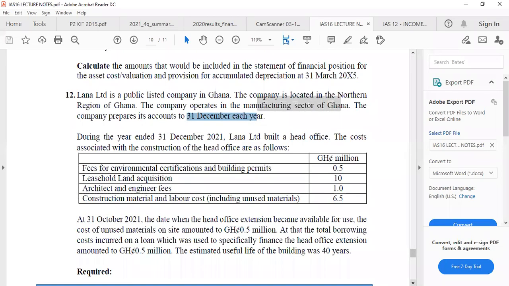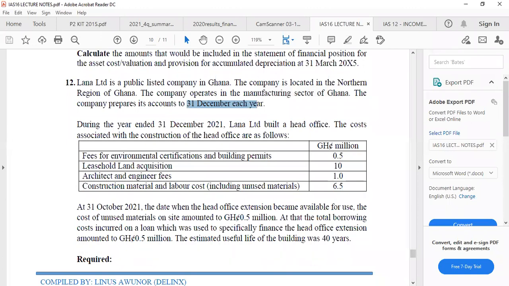So October, which is 31, is almost over. So they will start using the building from November and December. So they are going to use the building for only 2 months. If you are doing 8/40, you are calculating annual depreciation, yearly depreciation. But we didn't use this building for the whole year. We use it for only 2 months, but the whole year is 12 months. So for us to do it, we just multiply by 2 over the total number of months. That is what I did. Rashid, I hope you're okay. Let's move on. All right.